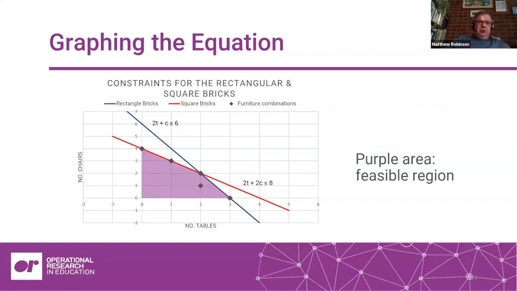So what we've done is taken an actual model building in terms of working out by building and trying what the possible combinations were. We then converted that into some algebraic formulae, which are called constraints. And then we've used those constraints and graphed them to work out what is the optimal solution using algebra.